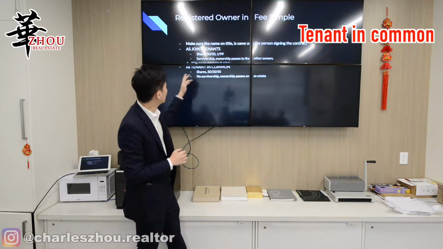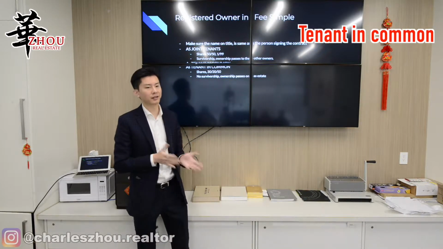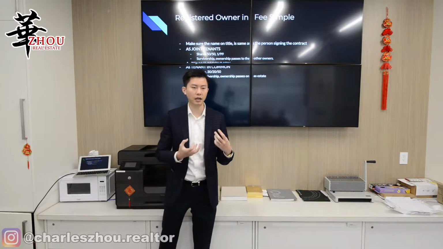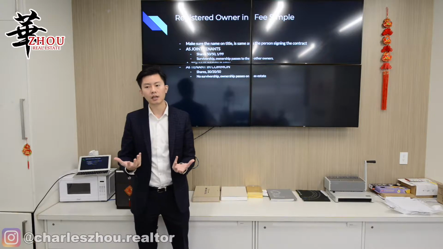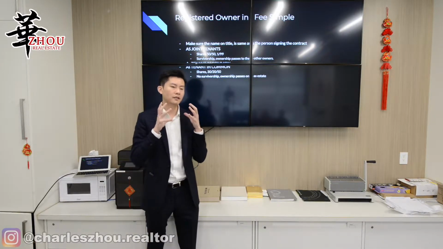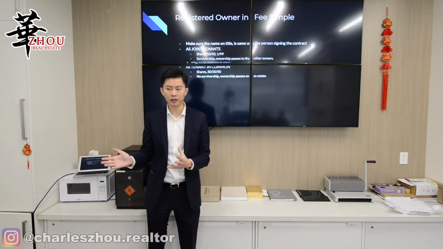Another one is called tenant in common. Tenant in common is different from joint tenant. It's more like a company, like shares. If your shares are 50-50 and one person dies, he owns 50%, and this 50% will not automatically be given to the other party.